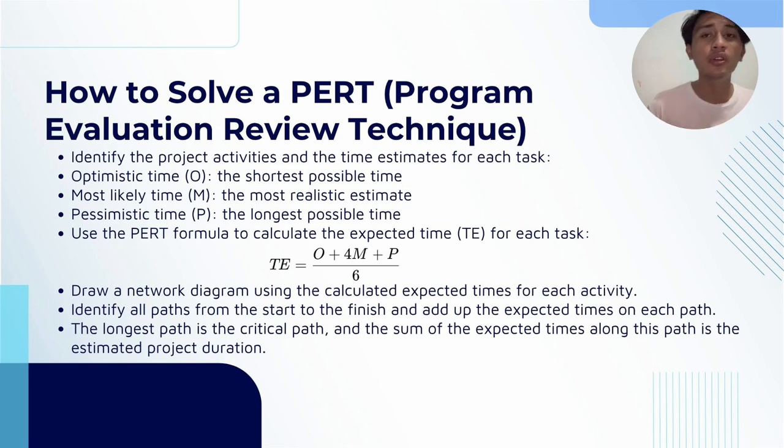And here, I'm going to show you the formula of the PERT. As we can see here, the O represents the optimistic time, and there are constant numbers there, which are the 4 and the 6. But first, let's go to the 4. The 4 is what you multiply the most likely time by, which is M right now.